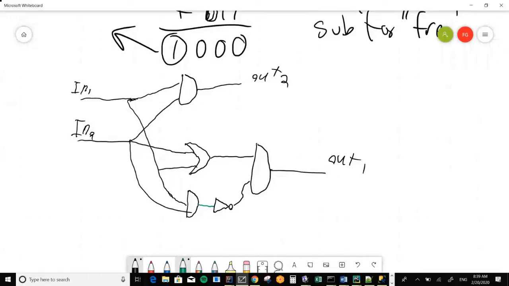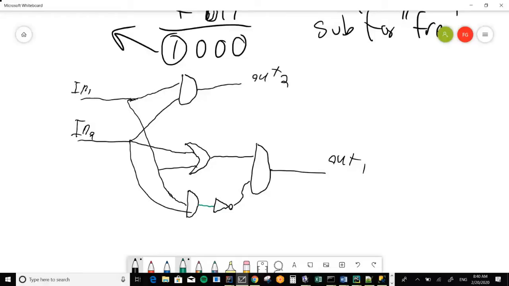So out 2 is just ANDed together first. Oh, so out 2 is the carry. Yes. So your point is if it's a half adder and they're both ones, you're going to carry, but in any other situation, you're not going to carry. So it's an AND. Good. And then we want to exclusive OR the other two inputs.